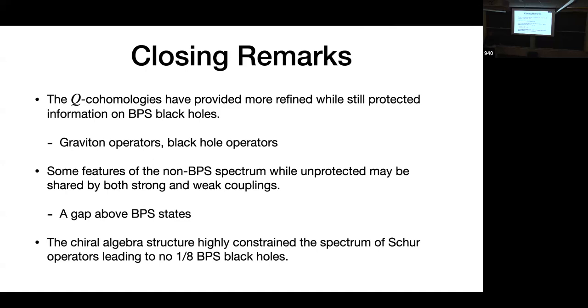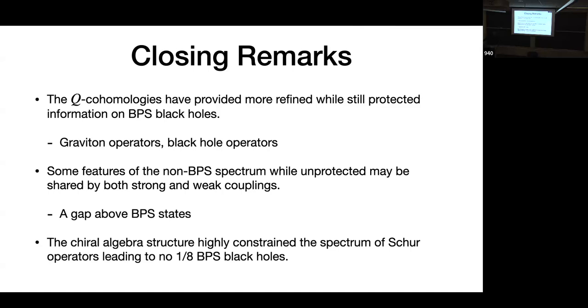That's for the 1/8 BPS case. All the graviton operators are in the chiral algebra? For 1/8, if you preserve more supersymmetries, then there are additional ones. The intuition comes from the large N limit. Basically, the single trace version of them is the one that at infinite N gives the graviton multiplet.